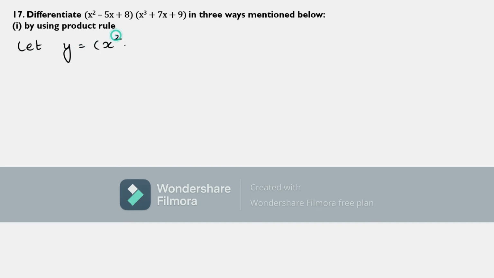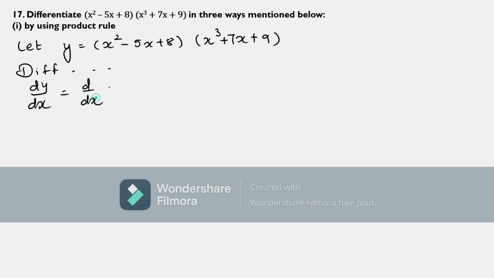y is equal to x square minus 5x plus 8, times x cube plus 7x plus 9. And we are going to use the product rule. Product rule means first quantity as it is, differentiation of the second, plus second quantity as it is, differentiation of the first. That is our product rule. Differentiating both sides with respect to x, dy by dx is equal to d by dx of this, which needs to be mentioned properly.